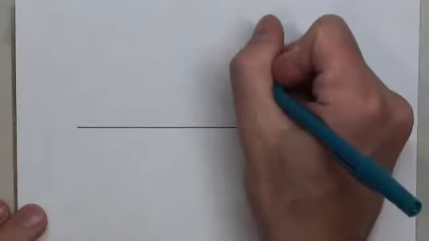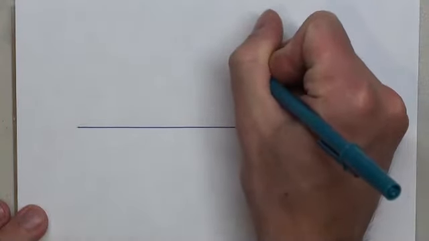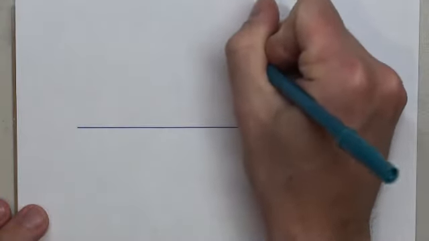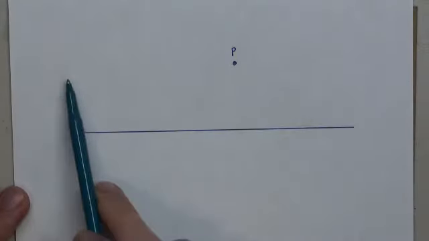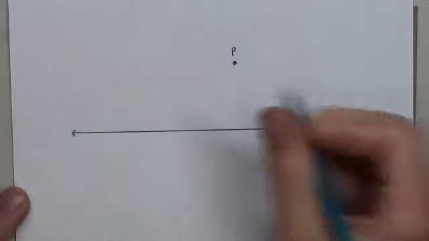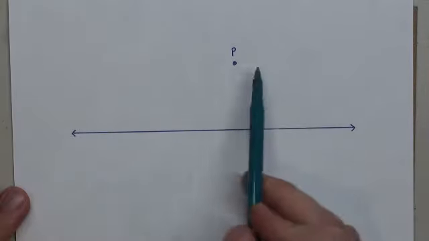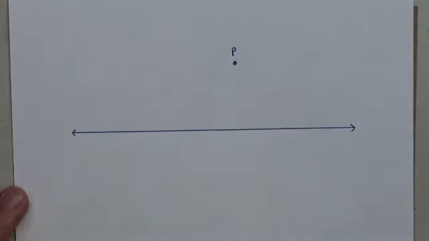And I'm going to make a point about 2 inches up, and right there works. I'm going to call it point P. So this is what they give us in the problem. Now we have to construct a line, and let's put arrows on the ends of this line. We have to construct a line that goes through point P and that's parallel to this line.